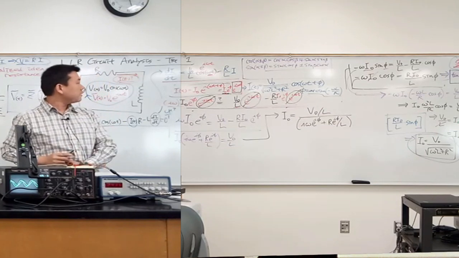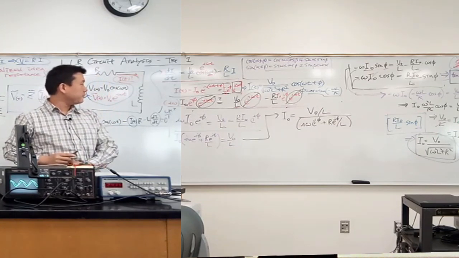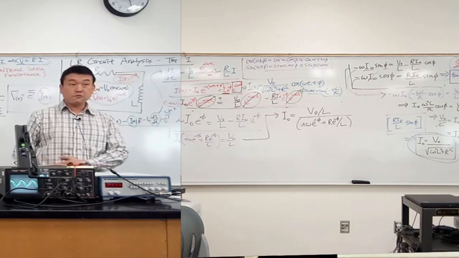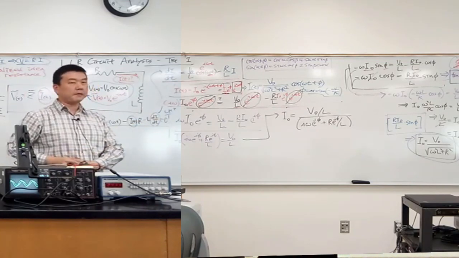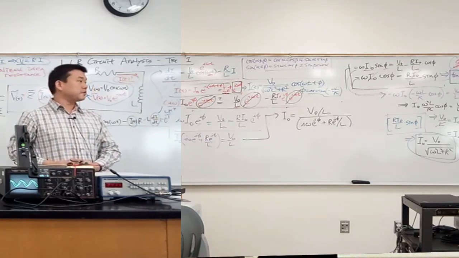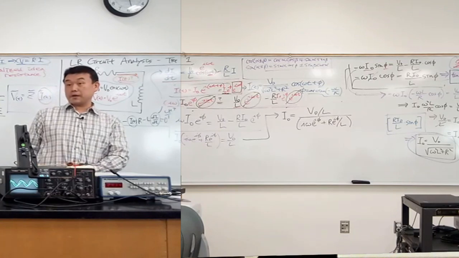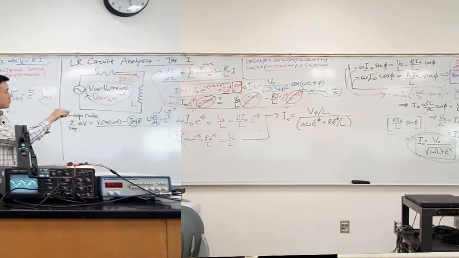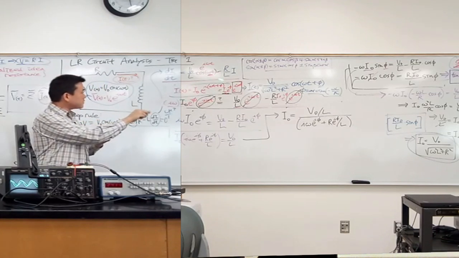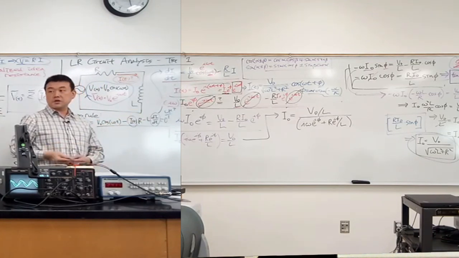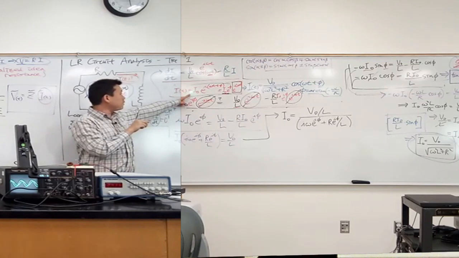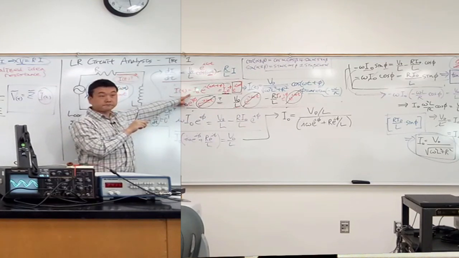So let me tell you a little trick that'll help you solve for I naught independently of phi without ever actually having to solve for phi. It has to do with understanding some properties of complex numbers. So we started out with a complex function, guessing a complex function answer. So here's my question. Is this I naught a complex number or a real number?